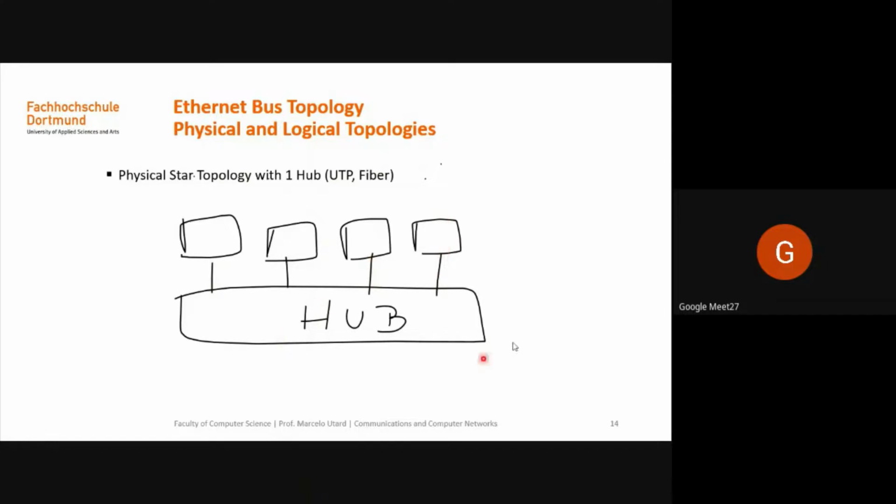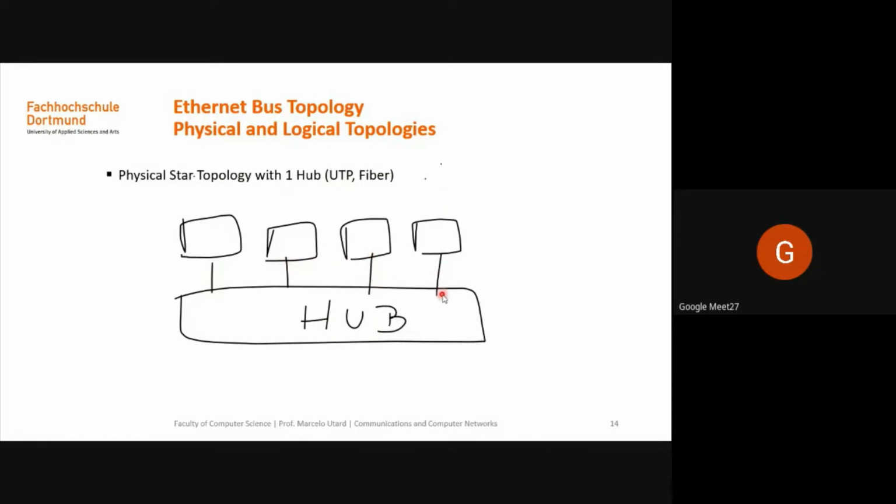In that way, the hub emulates a bus, but the hub is not in charge of avoiding collisions. Then, typically, a hub is a repeater with several ports, and the hub, in fact, constitutes a collision domain, what we call a collision domain. That is a domain of stations that could collide with each other.